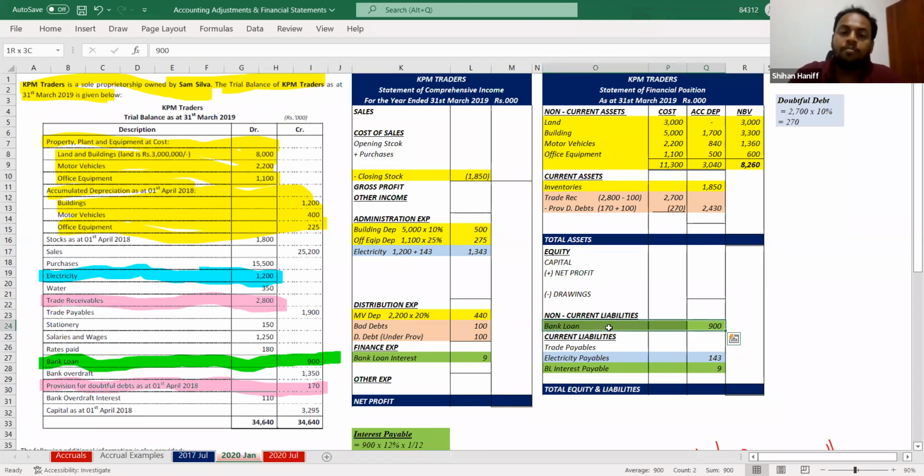The end of the year's total amount is payable. Is it clear? Take the total amount as the bank loan, non-current liability. Calculate the current financial year interest.